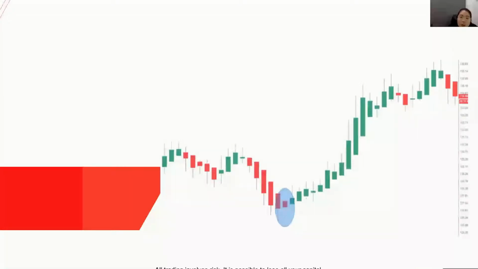So the long-bodied green Heiken Ashi candle with no lower wick is considered indicative of a strong bullish trend, and a long-bodied red Heiken Ashi candle with no upper wick is considered indicative of a strong bearish trend. So because the Heiken Ashi candlesticks show the directional market trend, it can be useful to apply trend indicators. I will show you later how we can apply trend indicators in order to identify the strength of market momentum.